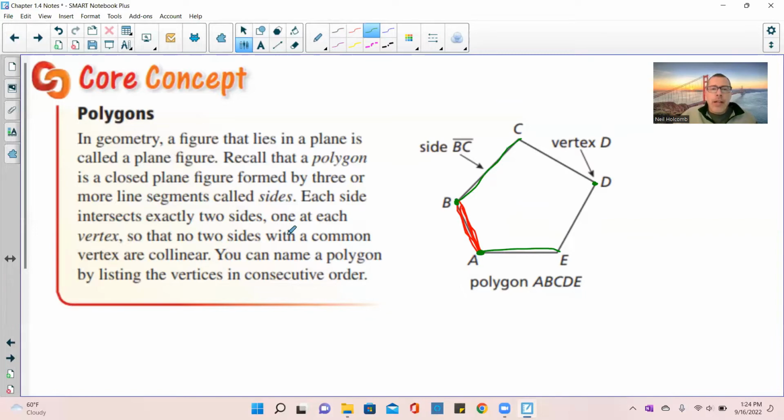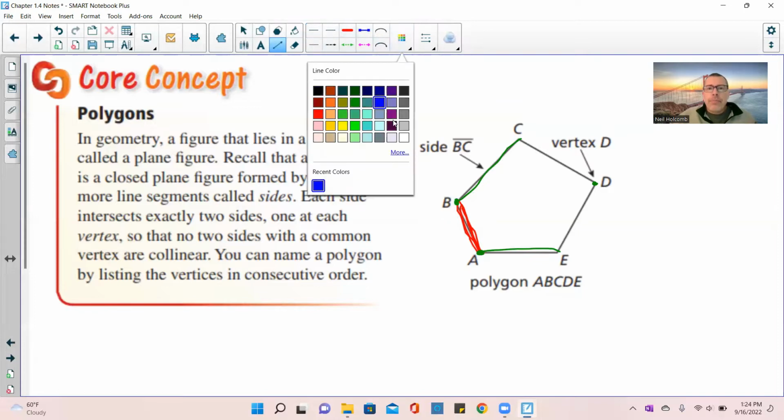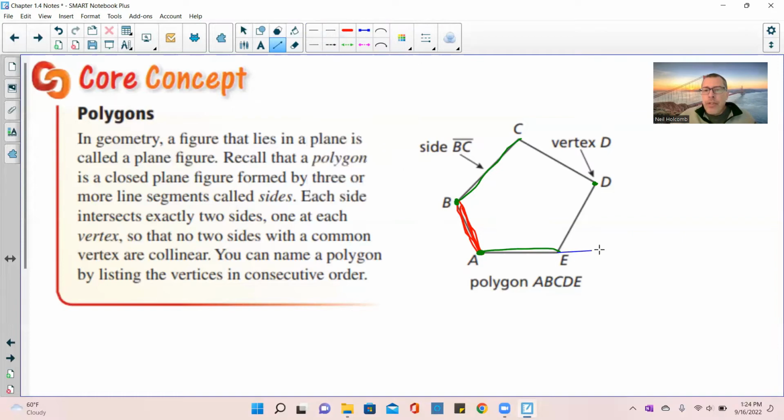So that no 2 sides with a common vertex are collinear. What that means is, let me do it really straight on this one. If AE went from here to here, and then you said, okay, well now ED is here, that can't happen. That's collinear. That'd all be on the same line. If D were right here, that would be on the same line.